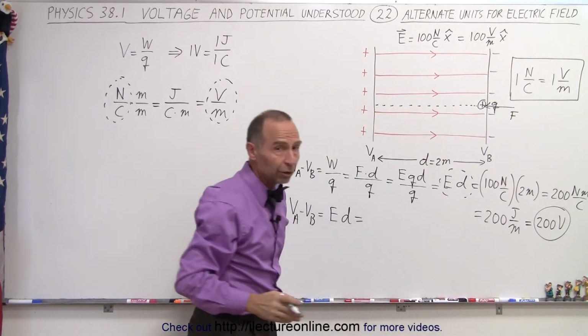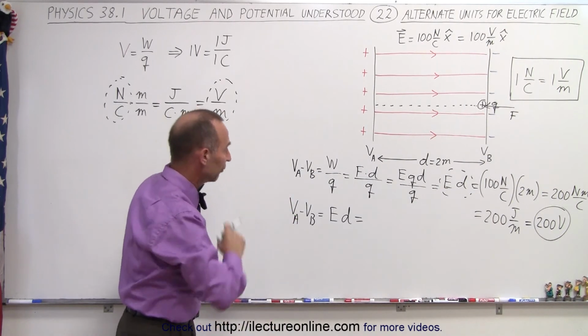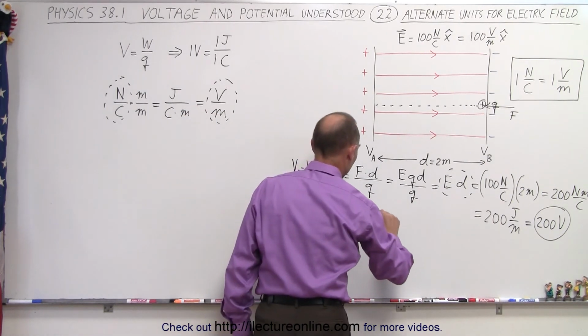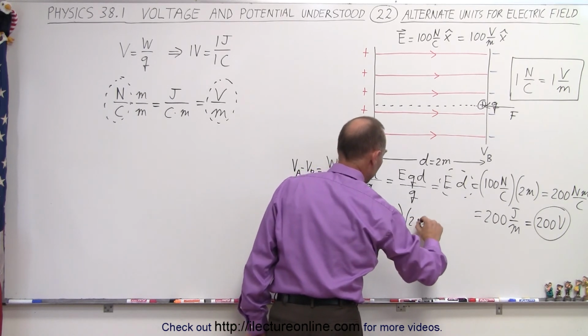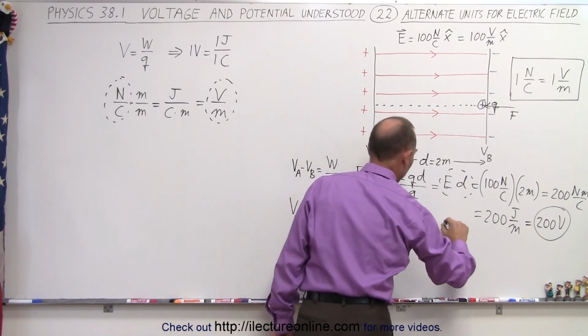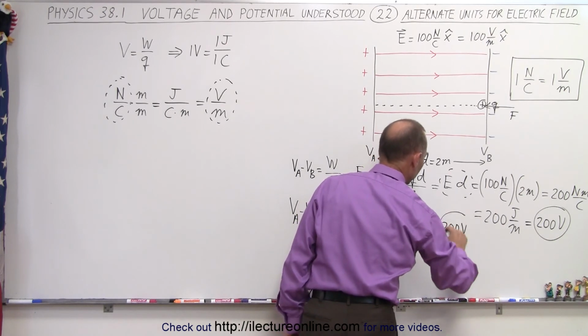So instead of calling it 100 newtons per coulomb, let's call it 100 volts per meter. So this is 100 volts per meter times the distance of 2 meters. The meters cancel out, and notice this gives us 200 volts.